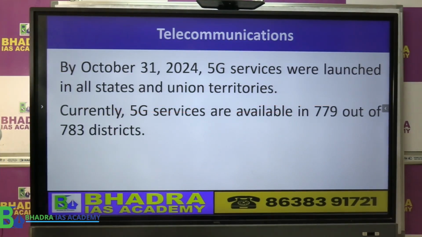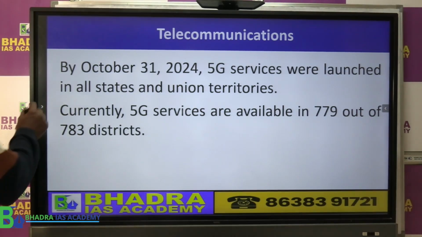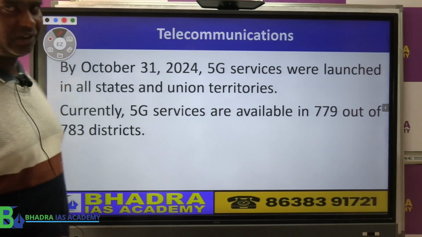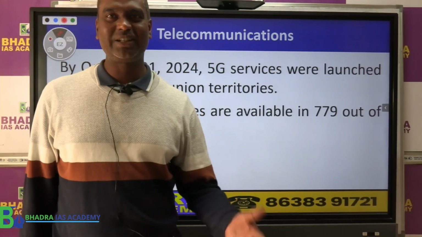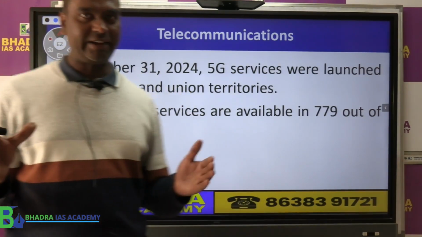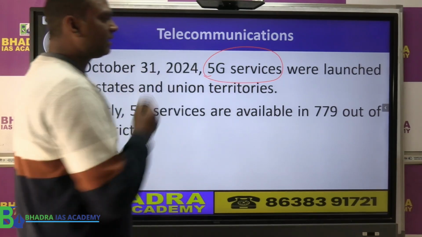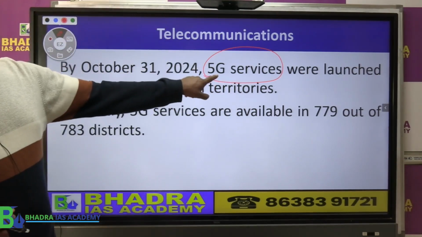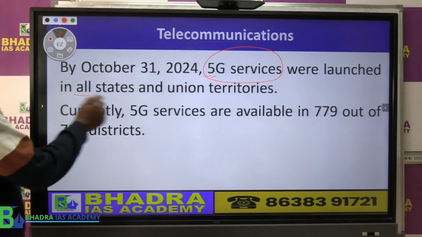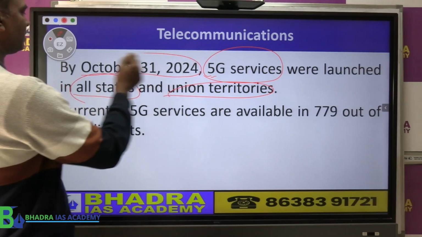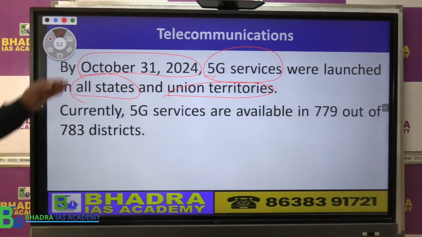The next sector which has been highlighted is telecommunication. Today we are talking about 5G. We have come a long way from 2G, 3G, 4G to now 5G, a fast network. According to government data, 5G services were launched in all the states and union territories by October 2024, last year itself.